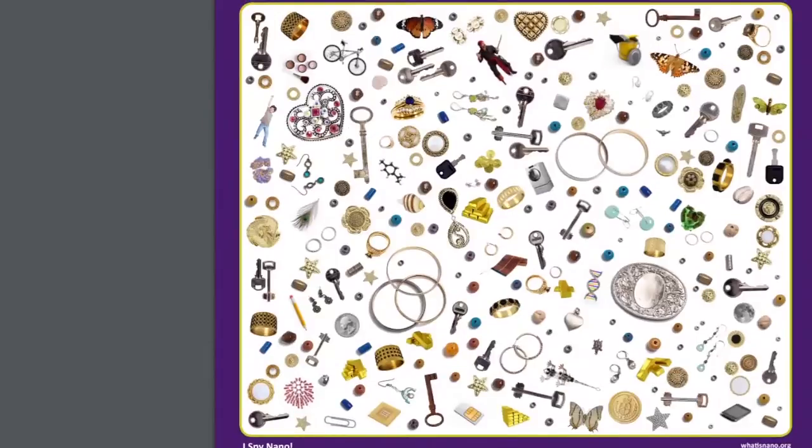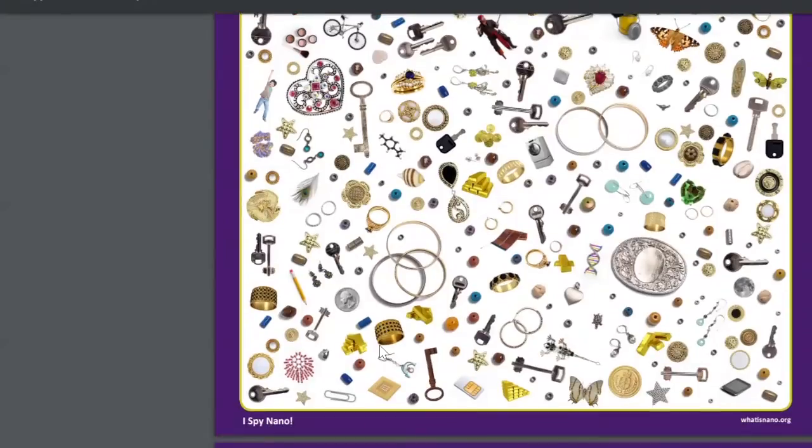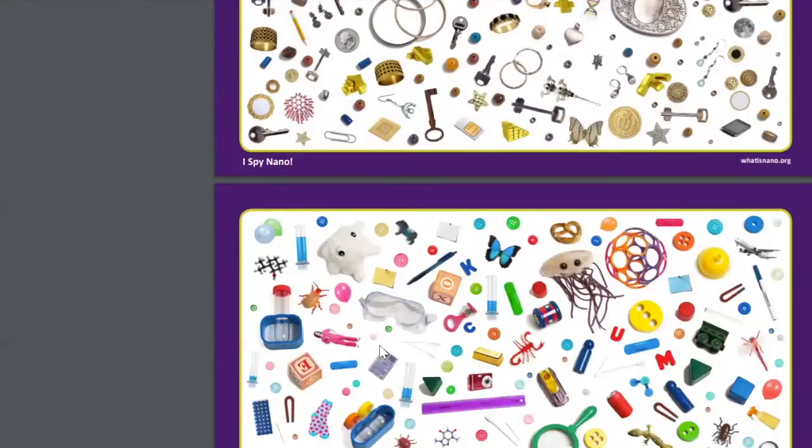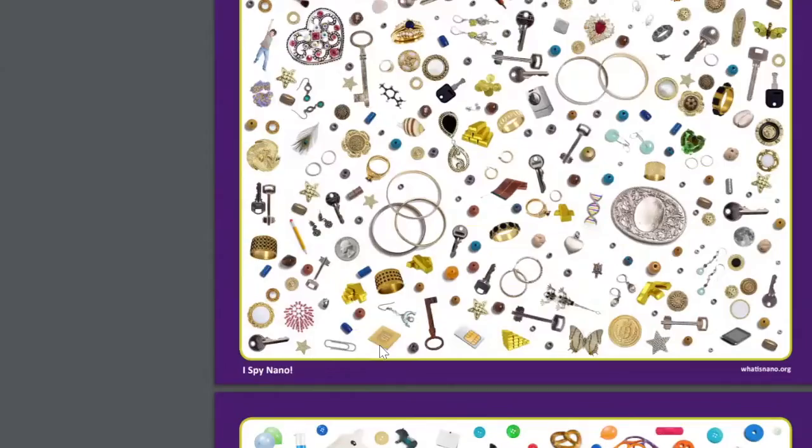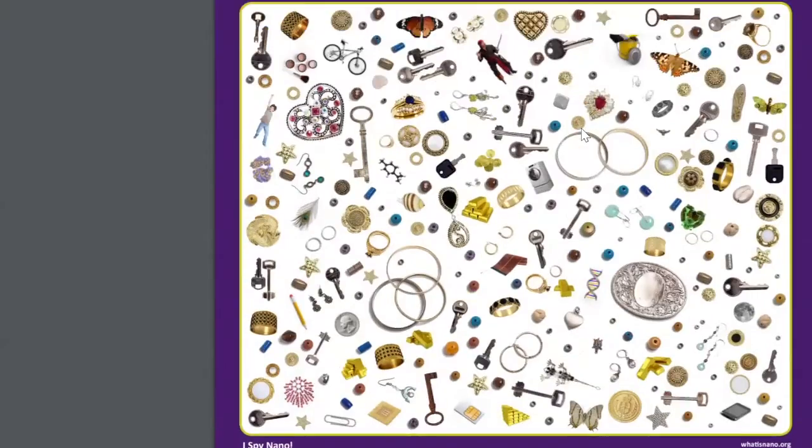You need to tell us whether it's a big object or a tiny object, whether we could see it with our eyes or if it's something that is too small to see with our eyes. Do you want to do this one? Yeah. So you're going to make some observations about that object so we can try to guess it.